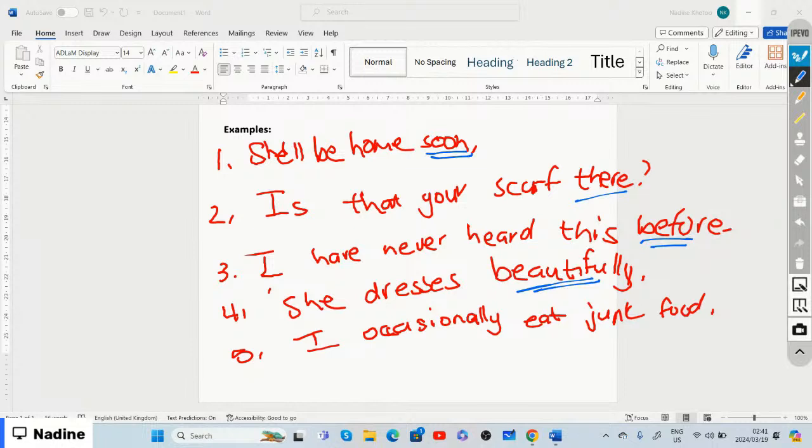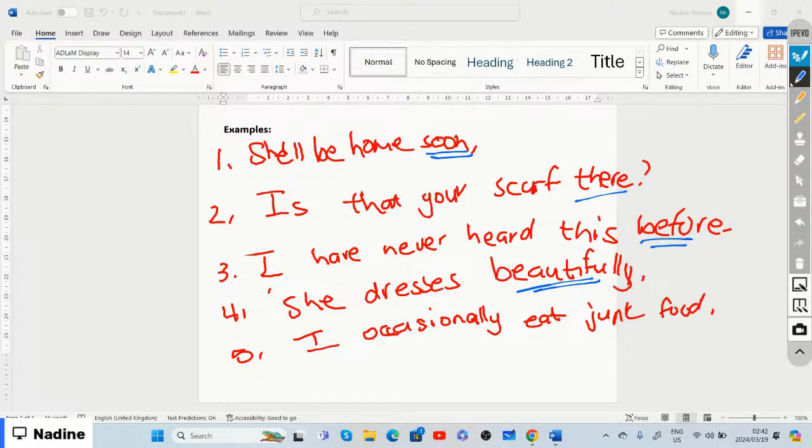And if we look at what the adverb is within that sentence, all right, and then it says, I occasionally eat junk food, right?